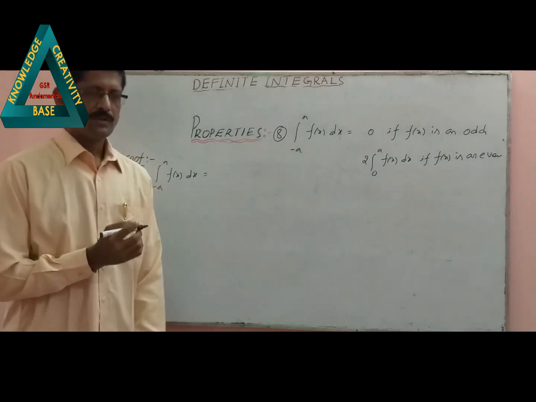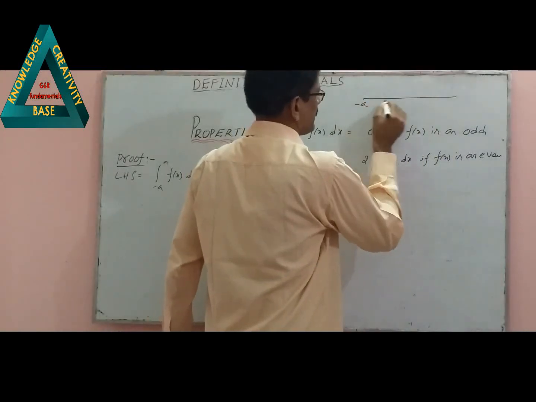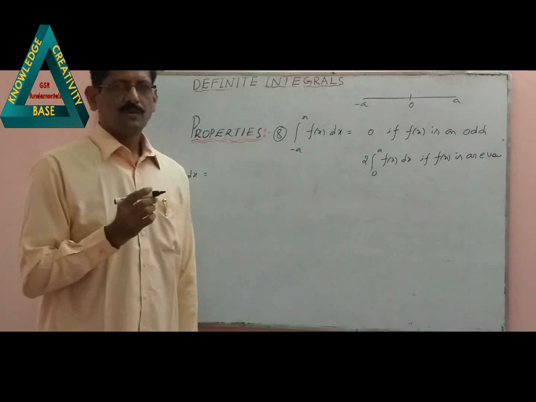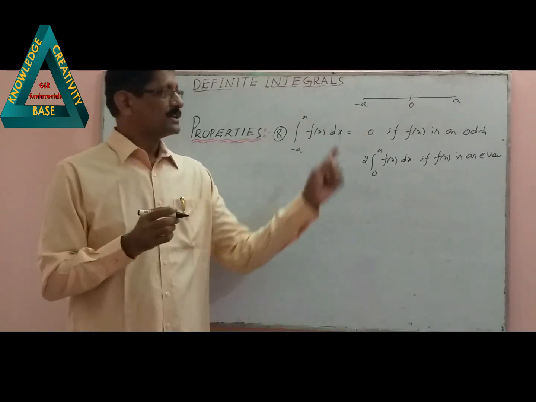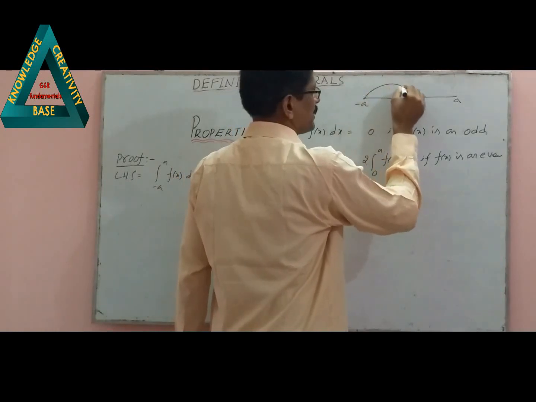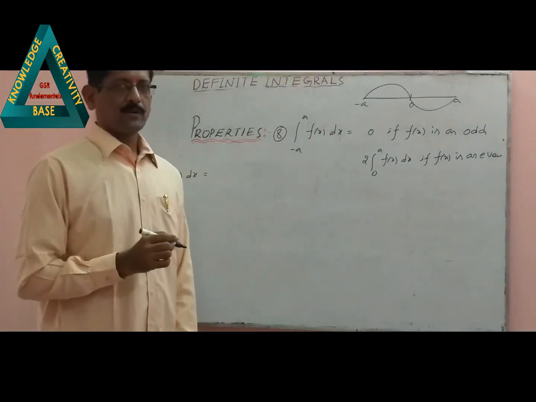This can be written as, suppose this is the range minus a to a. Here the mid value is 0. What is the mid value of minus a and a? 0. So now, to evaluate the definite integral, splitting into minus a to 0 and 0 to a is one of the properties I told you.